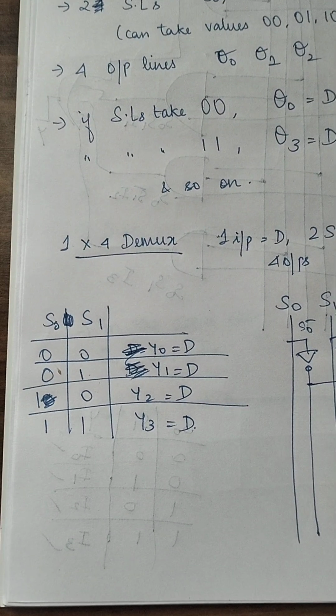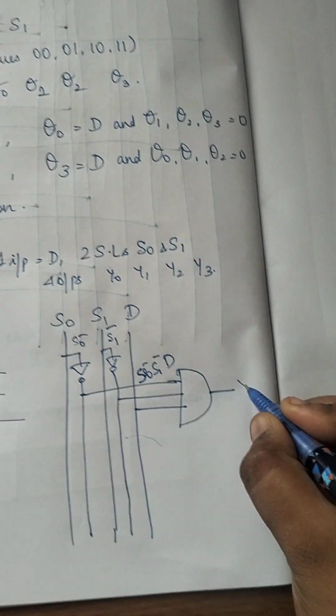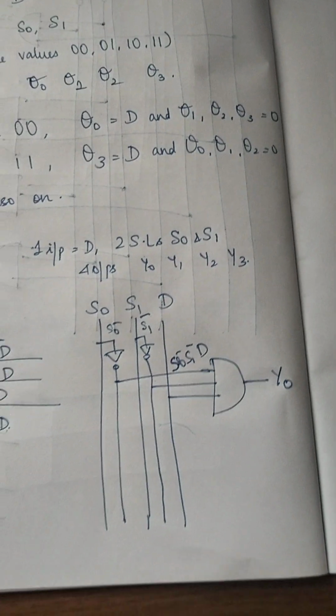When my S0 and S1 are both 0, I want my output Y0 to be equal to D, and in all other cases I want it to be equal to 0. So I think it would be fair to call this line Y0.